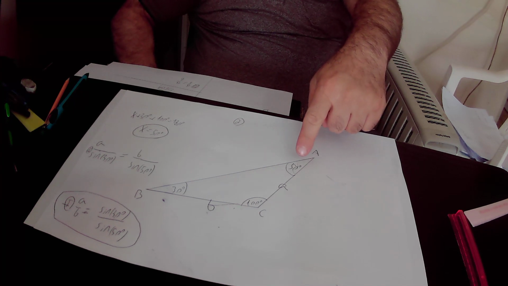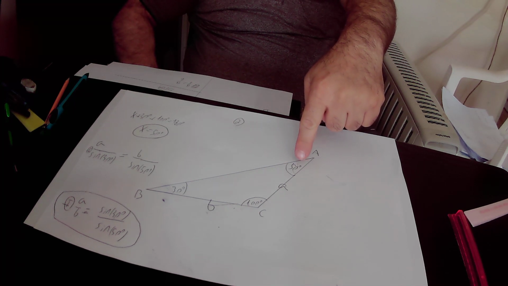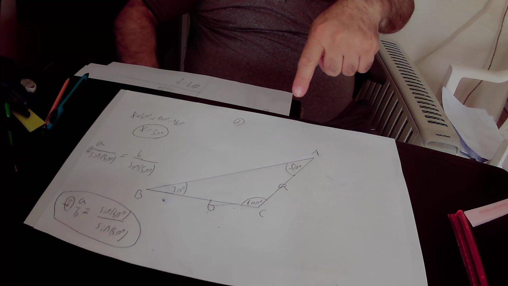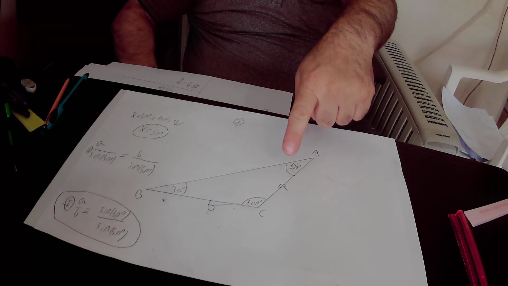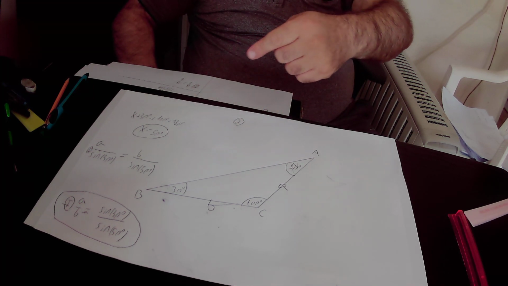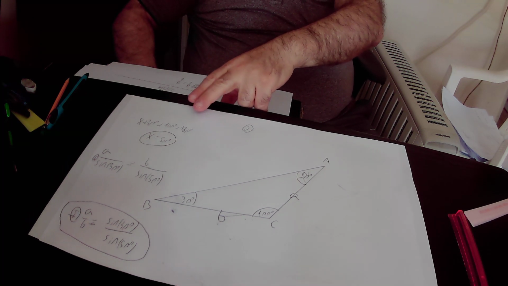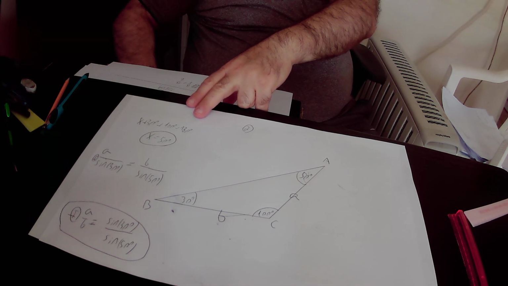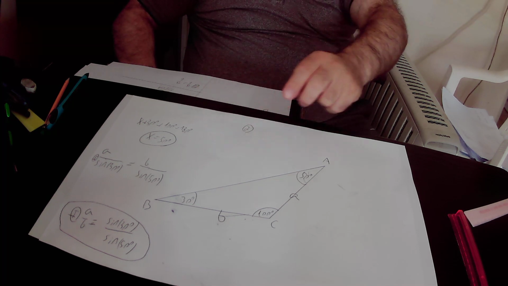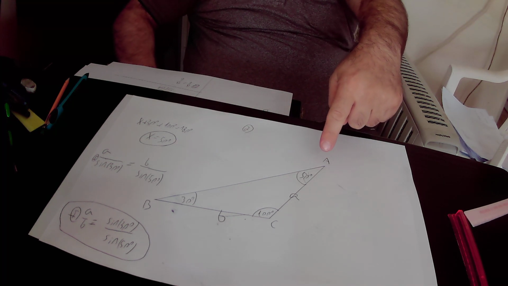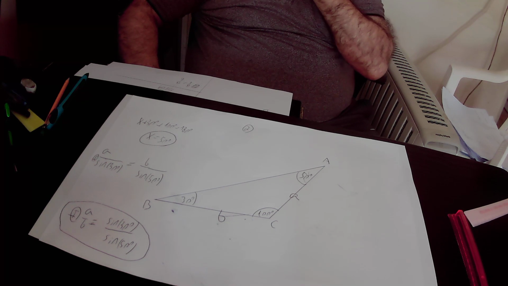So if we define the missing angle, angle CAB, as x, we will get that x plus 100 degrees plus 30 degrees must equal 180 degrees. Here we subtracted 130 degrees from this equation, and we found out that the value of angle x, this angle CAB, equals 50 degrees.